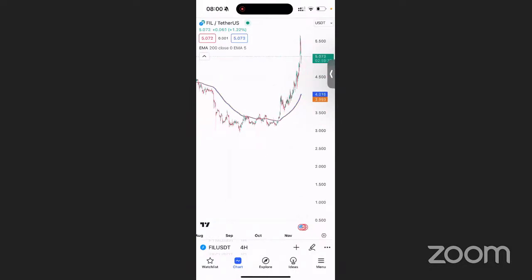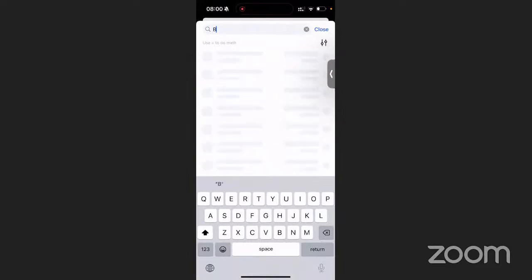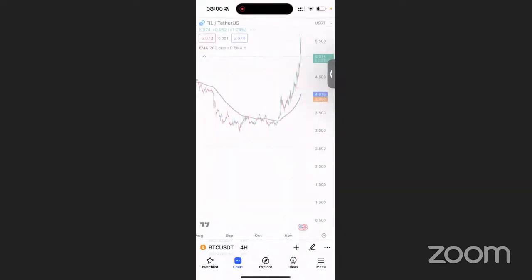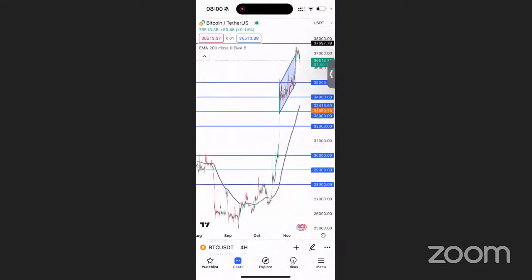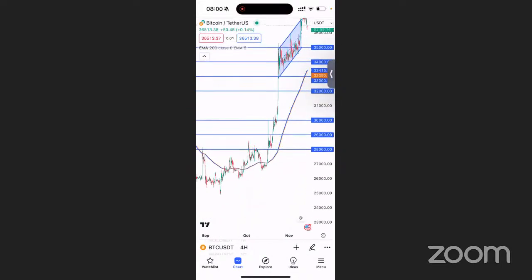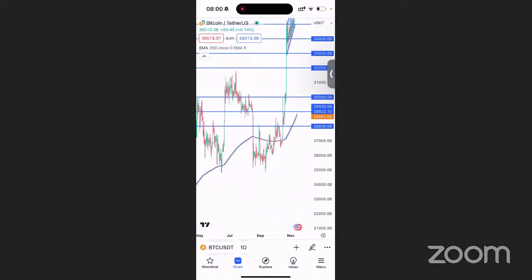Let me go to a main cryptocurrency like BTC, so that the exponential moving average will make a lot of sense. Let me use a bigger time frame, one day, to create a better understanding.